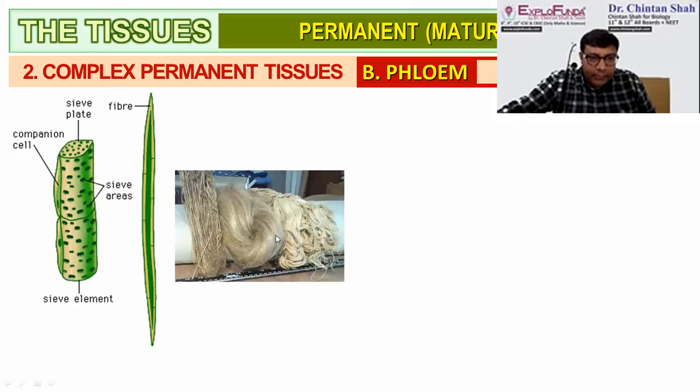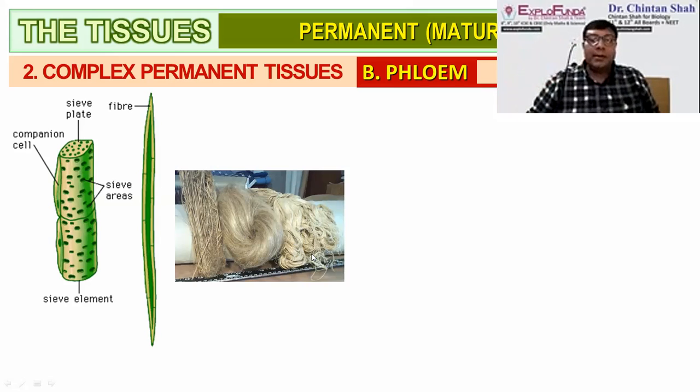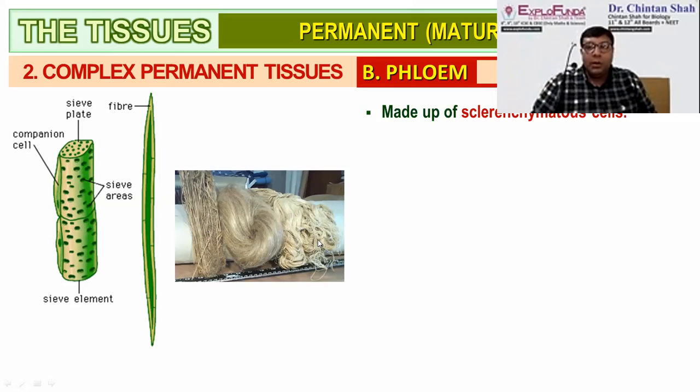Have you ever seen this? We make sutli and rope from it. The different kinds of ropes are made up of this kind of structure, and they are very hard because they are made up of phloem fibers. So they are made up of sclerenchyma tissue cells, which is why they are very hard and provide mechanical strength.